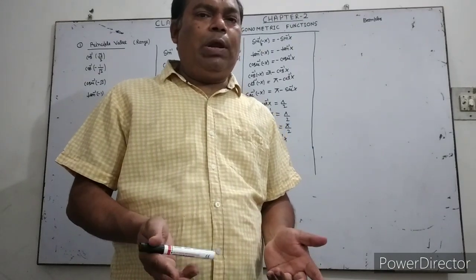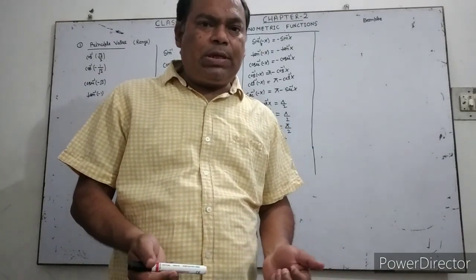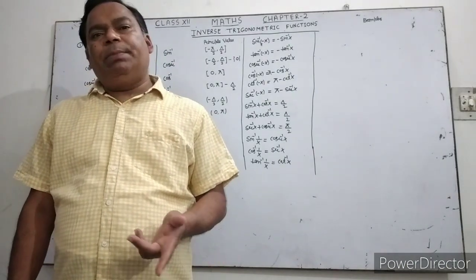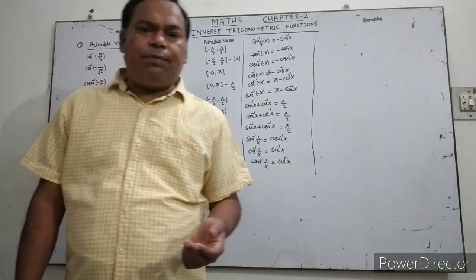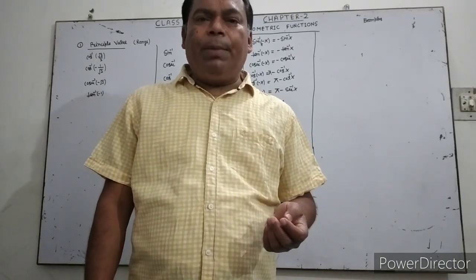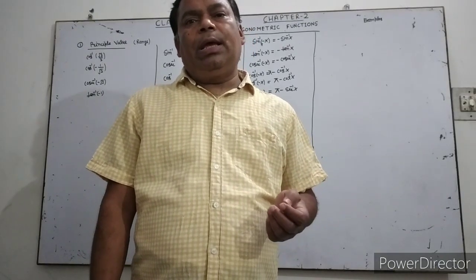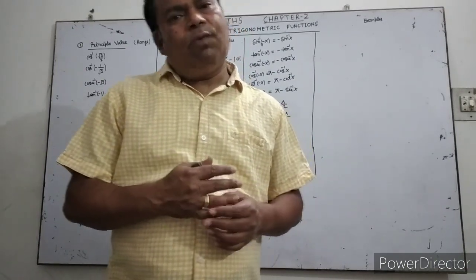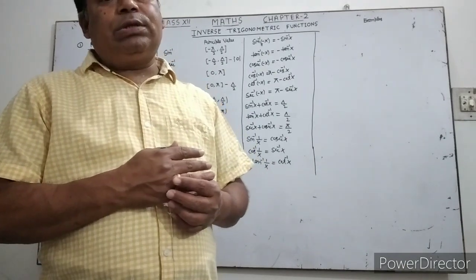You well know what is a one-one function and what is an onto function. One-one function means every element of the domain has one image in the codomain. Then this is the one-one function. And what is the onto function?